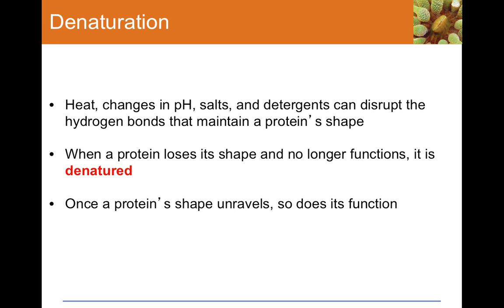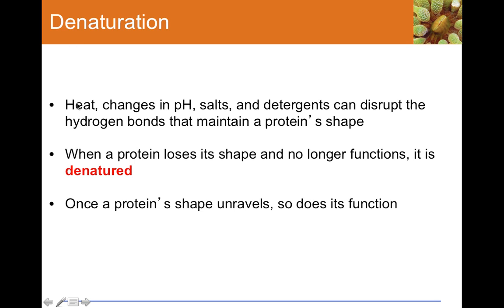Now, that change is temporary because as the hair cools down throughout the day or 2 days or whatever, the hair will start to reform those chemical bonds, and it will start to reform its natural curly shape. So heat is a big part of a protein's shape, and it can really mess with a protein. Now, thankfully, straighteners and curling irons don't mess with our health too much, so that's not a big deal.